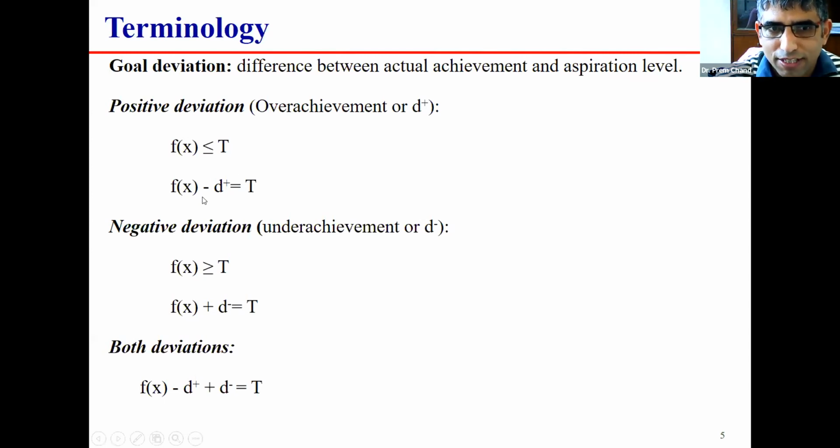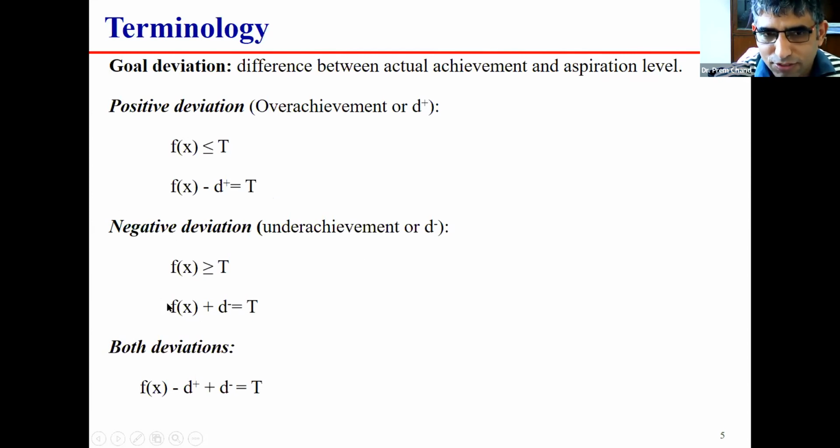So suppose my target is 1 lakh rupees. I have achieved 1.1 lakh rupees. So 10,000 rupees I have to subtract from my left hand side so that this expression is equated and the equation is formed.